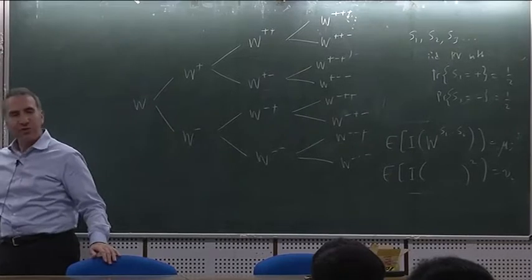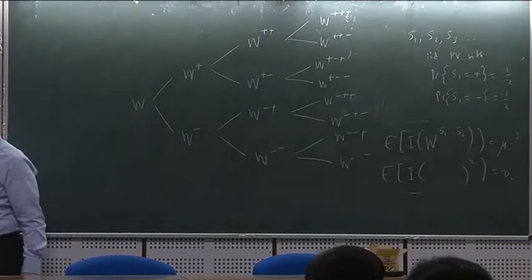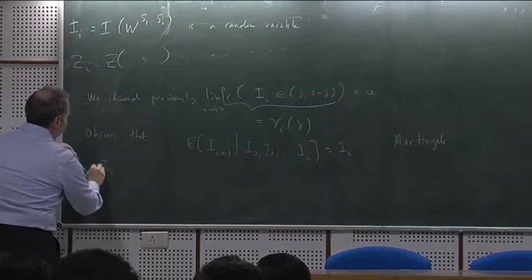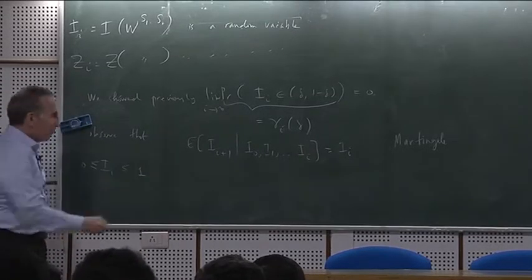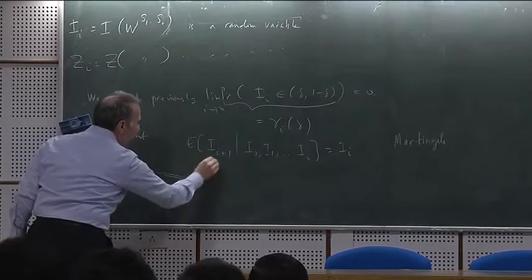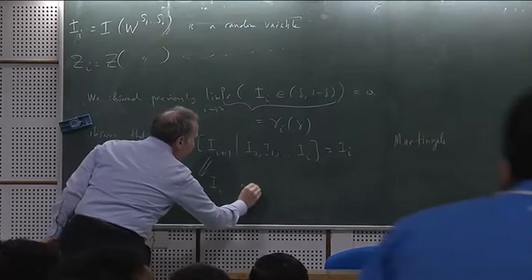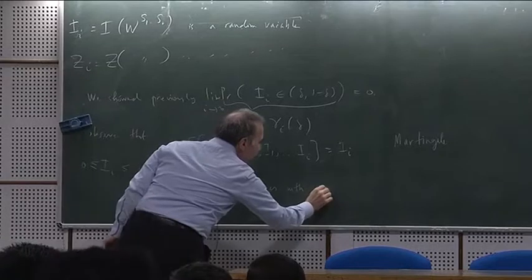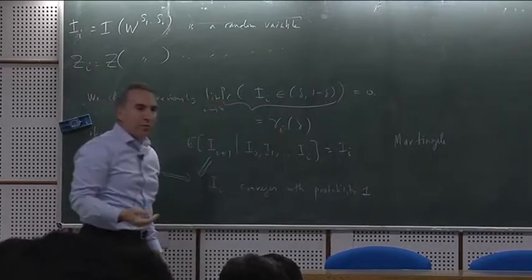So that was actually how the original proof of the polarization theorem was given. Since this is convergent, these two things together imply that I sub I converges with probability 1.